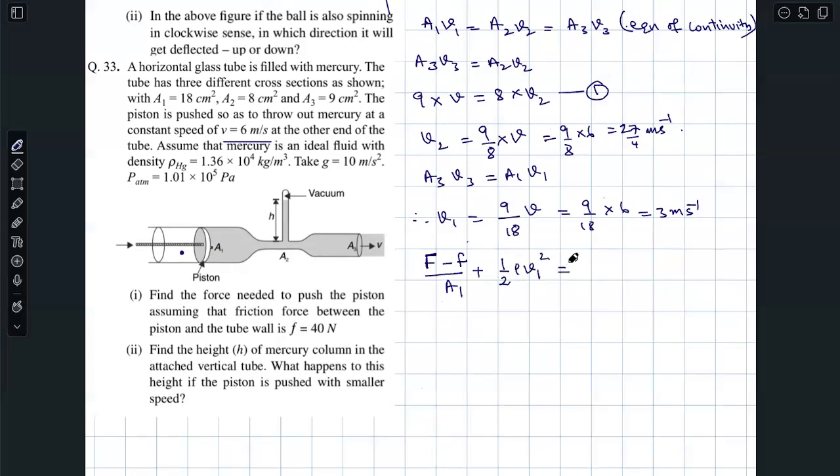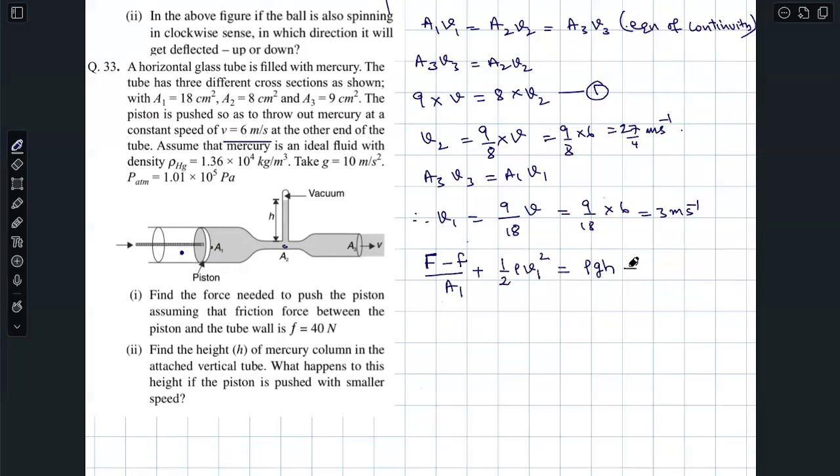You have given pressure at A2 also, which is rho gH. Why? Above it is vacuum. If it is open to air, I would have written P0 plus rho gH.